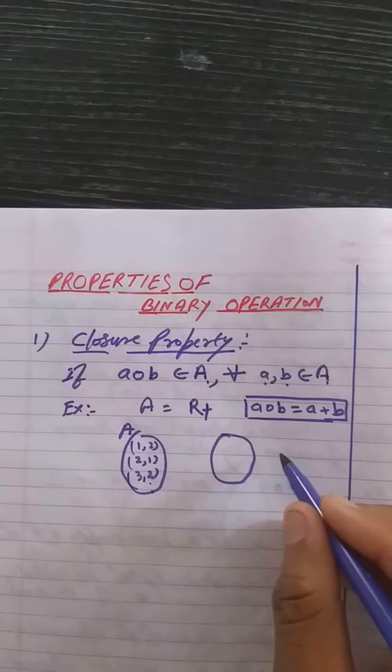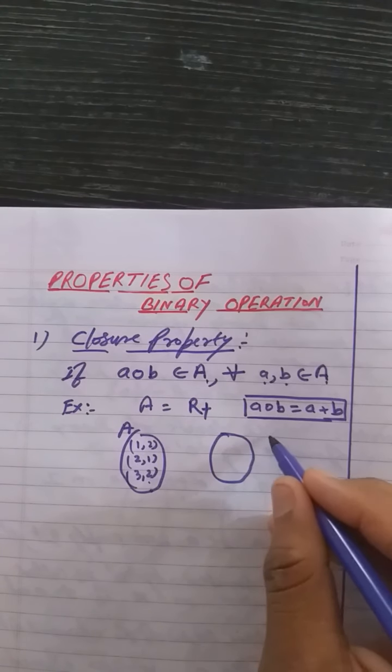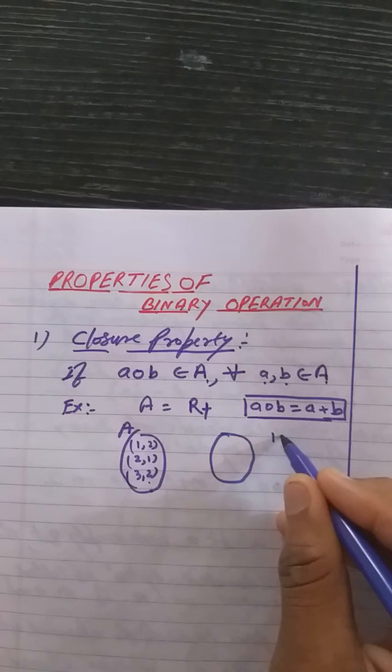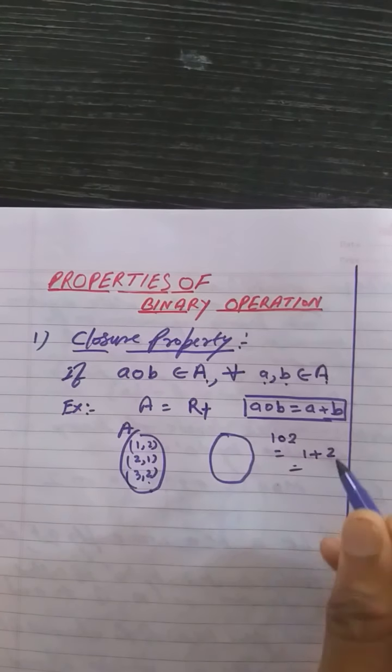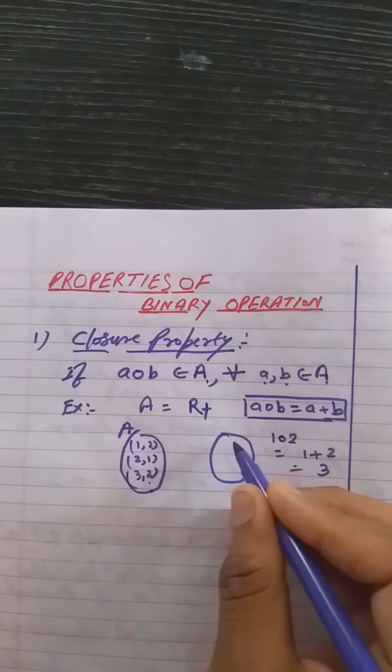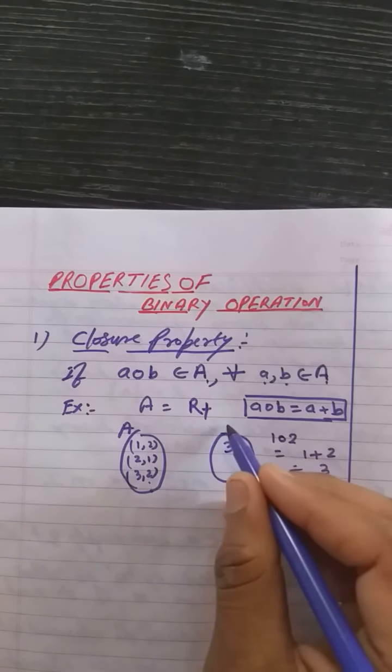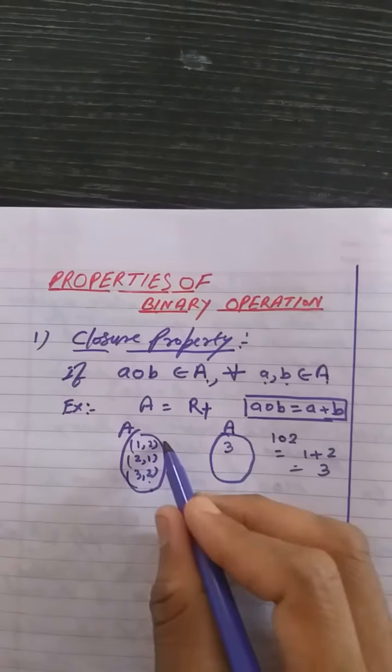It means 1 O 2 equals 1 plus 2 equals 3, and 3 belongs to set A, right?